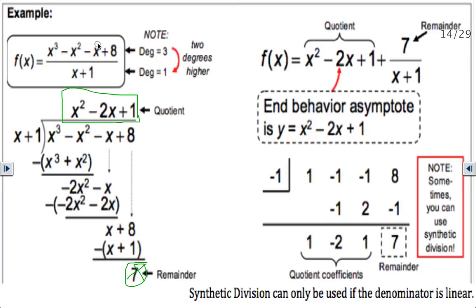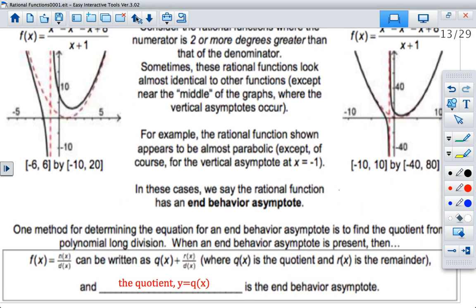You can graph both this equation here and this equation, and you'll see that this is a rational function, and you'll see that this part, the quotient, actually is an asymptote that just kind of hugs part of the graph. So let me pull it back up here, and you can see what I mean. So this graph here is the quotient, or the answer, when you take the numerator divided by the denominator. Okay?